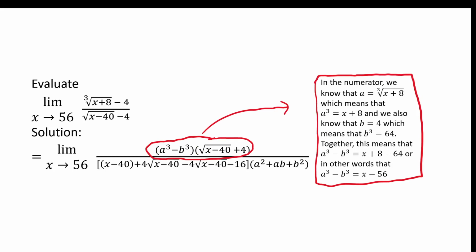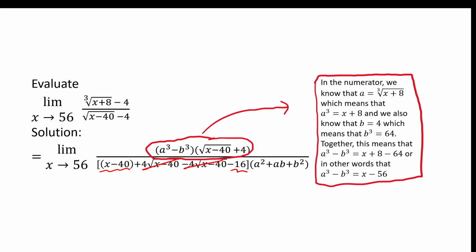And actually you can even see it here. X minus 40 minus 16, and these middle pieces will cancel out. And we all know x minus 40 minus 16 is the same as x minus 56. So our inkling that we wanted to create an x minus 56 is already coming true. Now in the numerator, we know that a is the cube root of x plus 8.